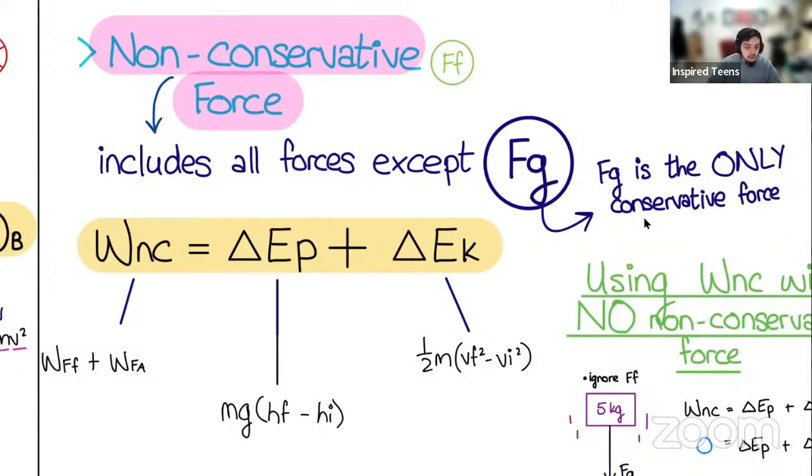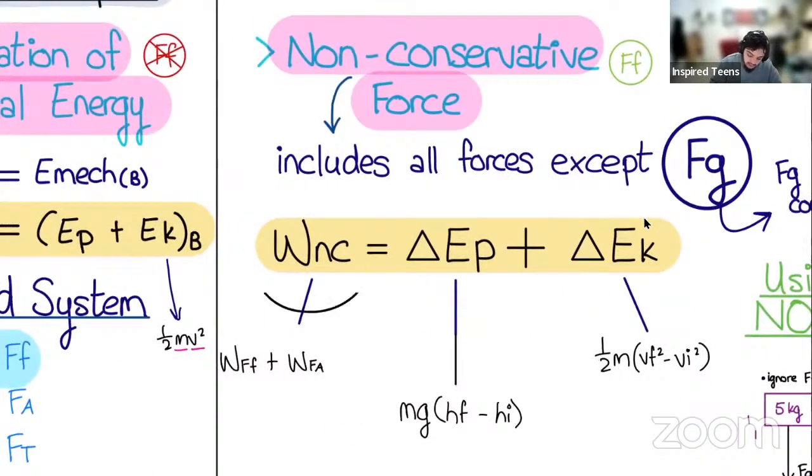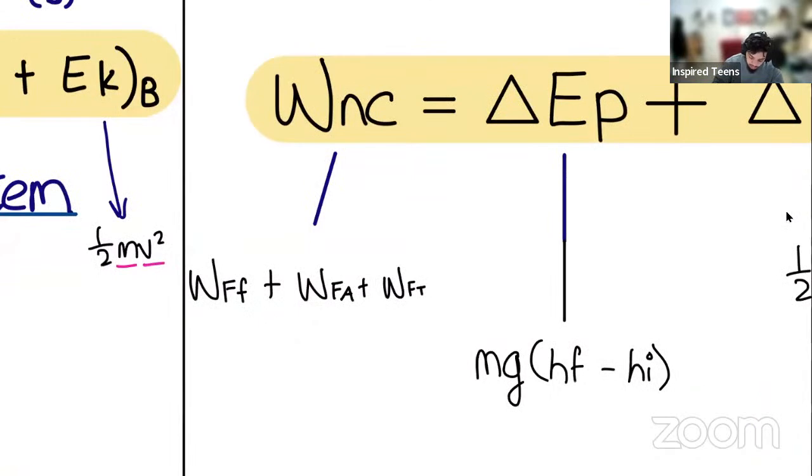So yes, work done by the non-conservative force is equal to the work done by the frictional force plus the work done by the applied force. Whatever force is non-conservative that we have, it could even be a tension. And we potentially could add Fg.